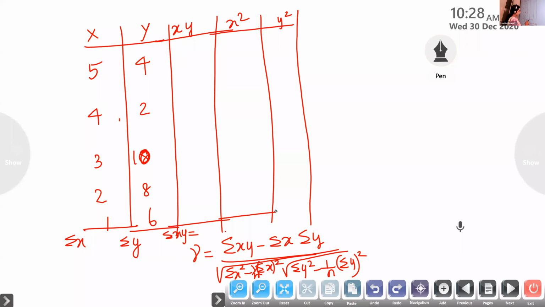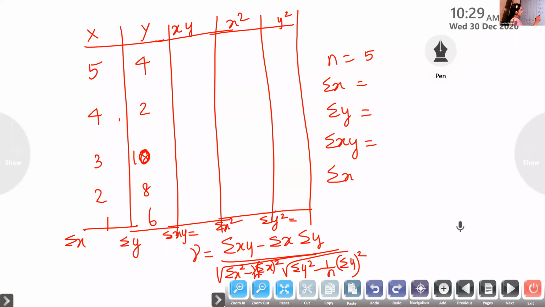Then here you can find what is sigma x square. Find out what is sigma y square. And the n is 5, isn't it? Only 5 numbers are given. So n is 5. Find out what is sigma x, sigma y, sigma xy, sigma x square, sigma y square.